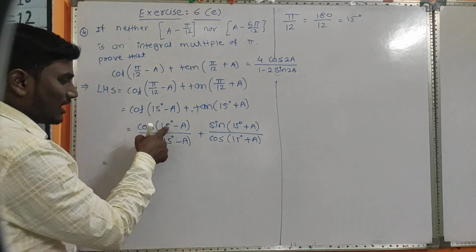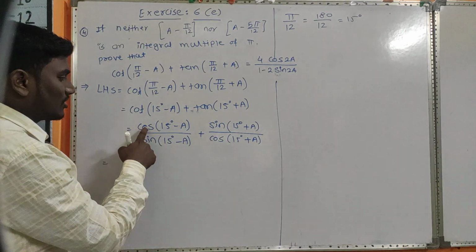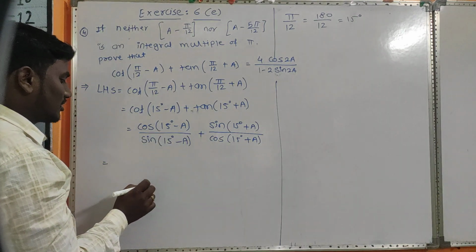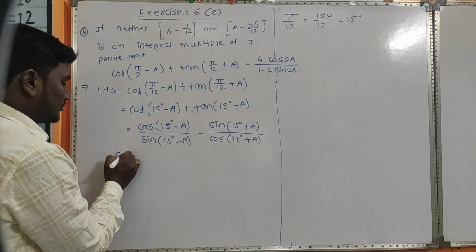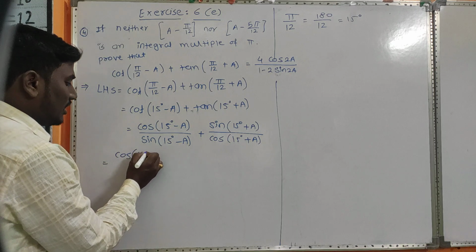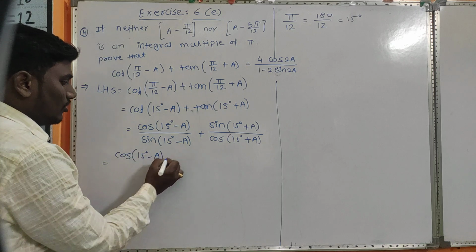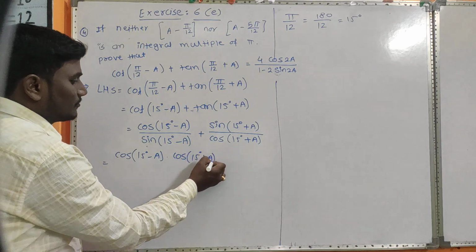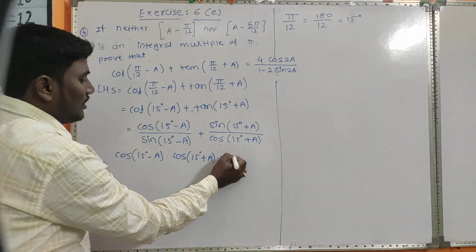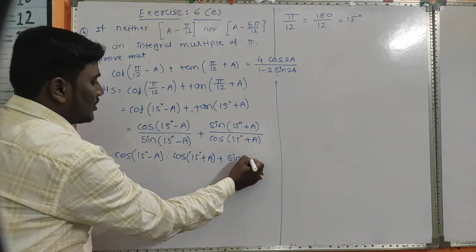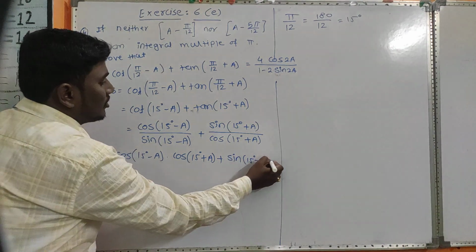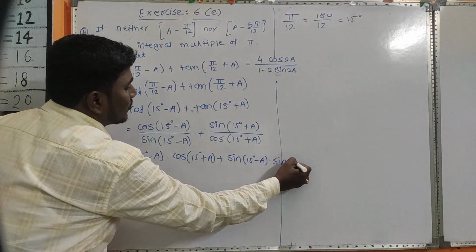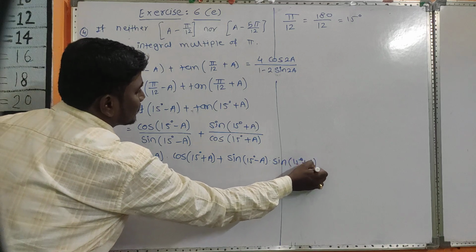But here the angles are different, so we don't write cos square, sin square. So cos(15 degrees minus A) into cos(15 degrees plus A) plus sin(15 degrees minus A) into sin(15 degrees plus A).